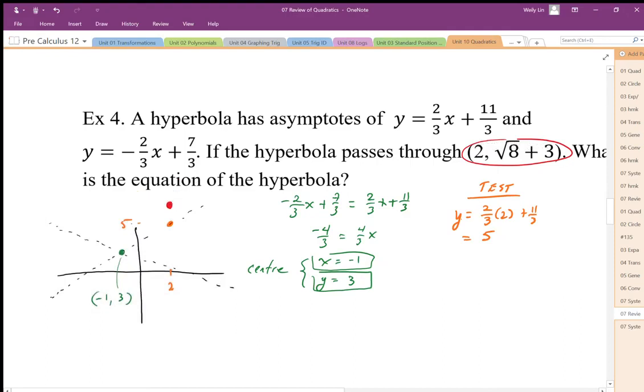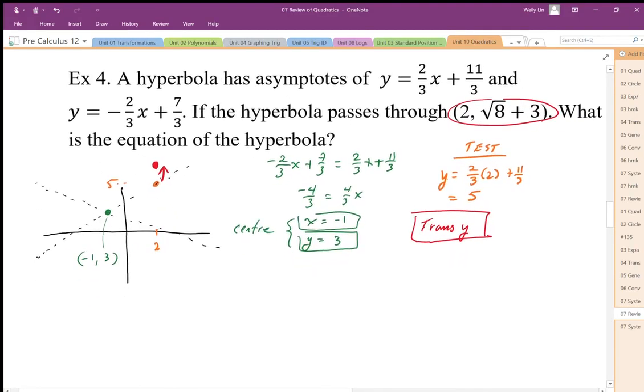It's above the asymptote. From this we can say that the point is above, so this must be trans y. Now that's important because now I can establish whether it's equal to negative 1 or positive 1. That will make a difference when calculating my a and b values.